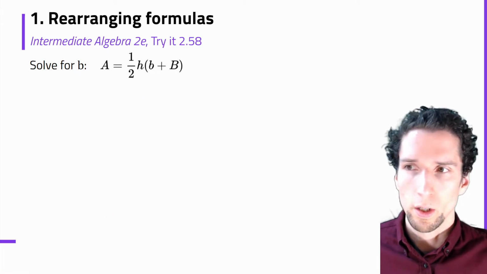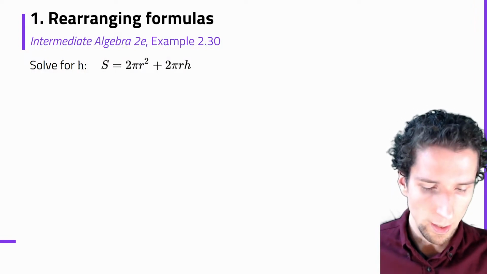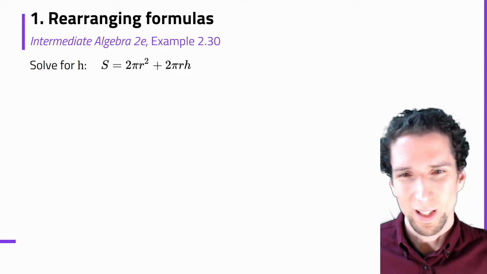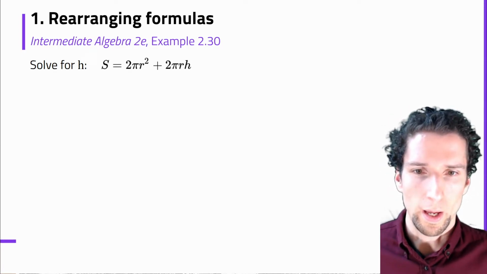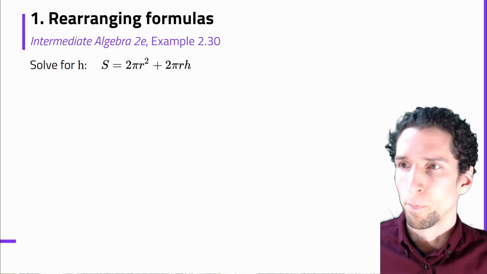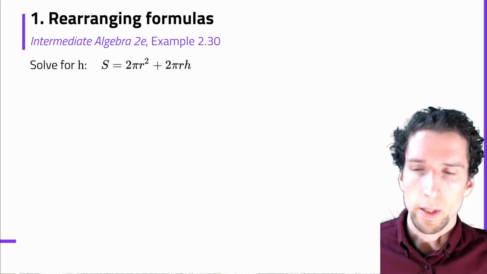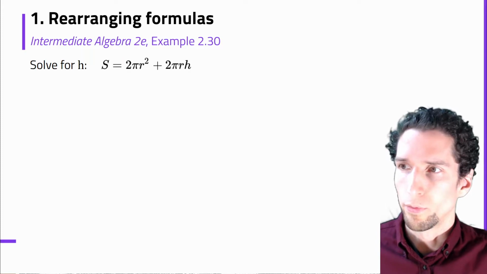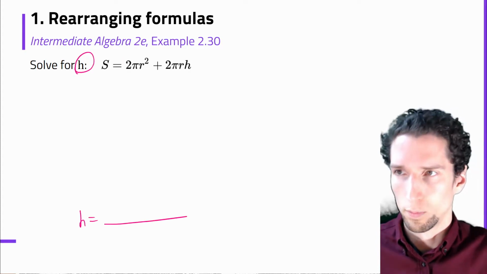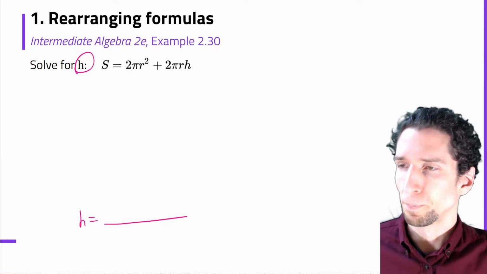Let's look at another set of examples using a different technique here. Kind of the same thing really, but thinking about it a different way, using brackets. So let's say in this one, we are asked to solve for h. So h equals something again.